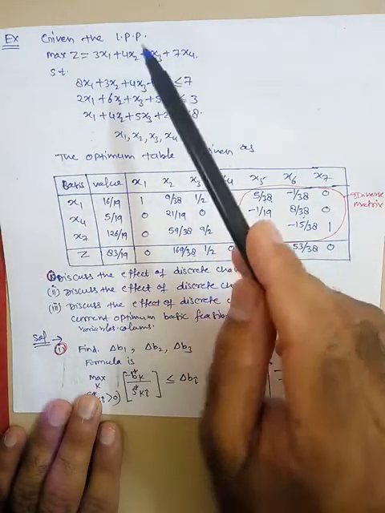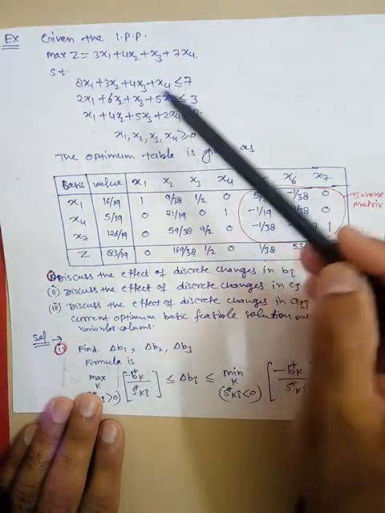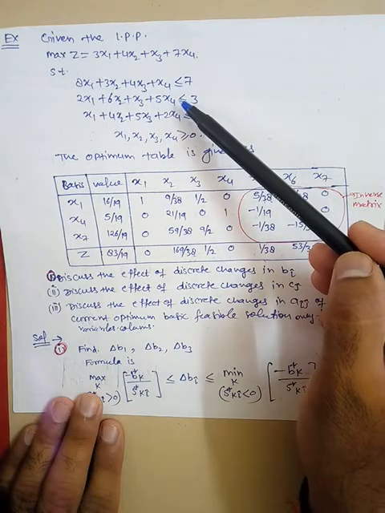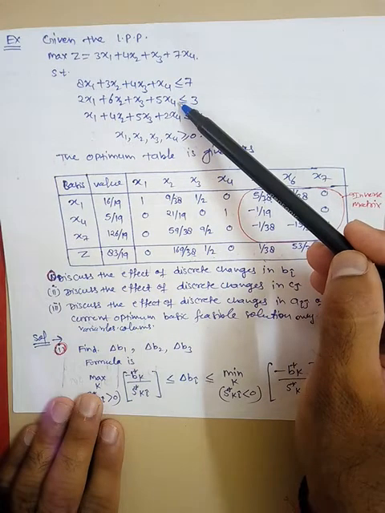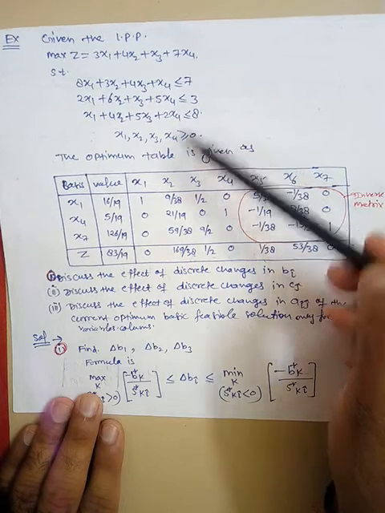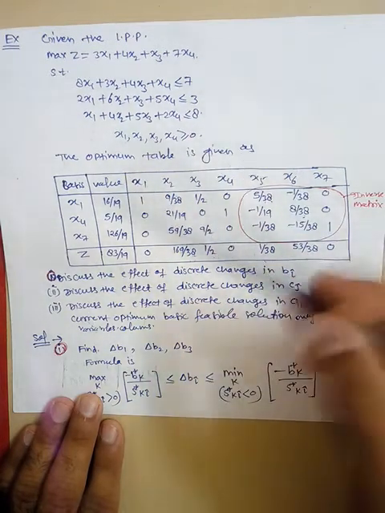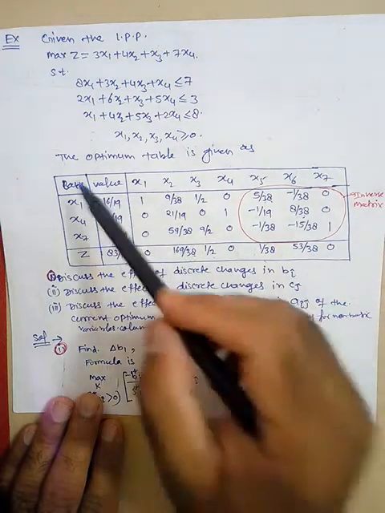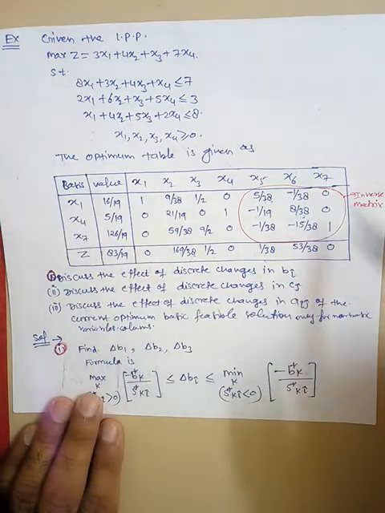After adding the slack variable x5 in the first constraint, x6 in the second constraint and x7 in the third constraint, and then applying the simplex method, we get this optimum table. This is the optimum table.